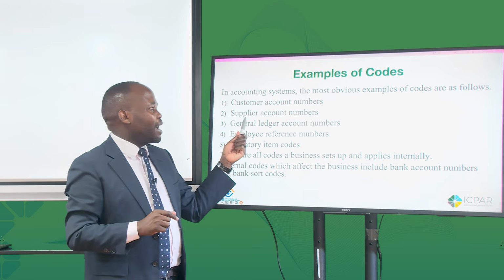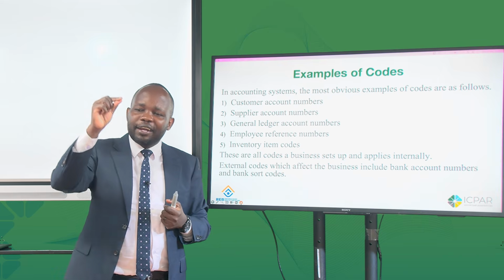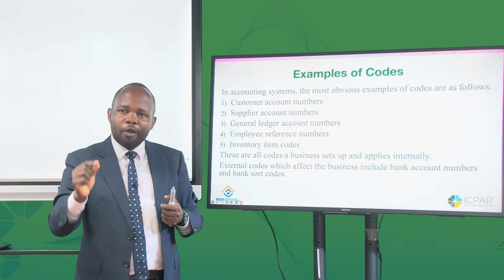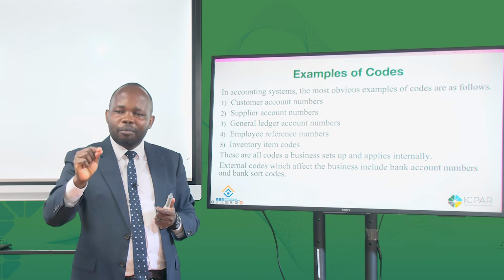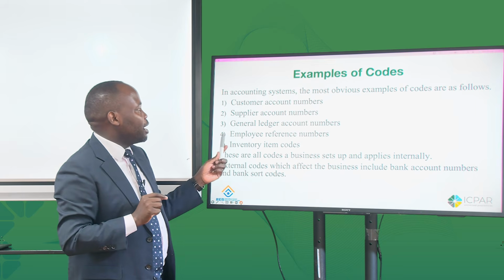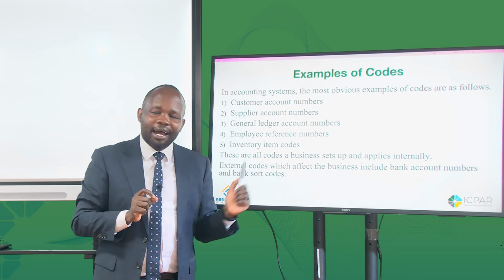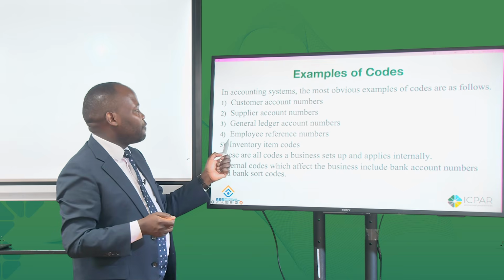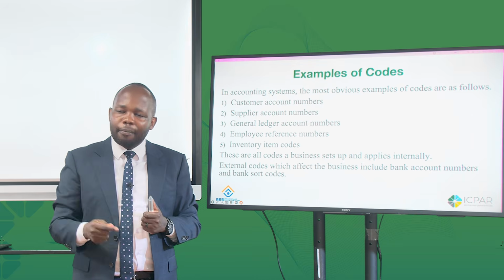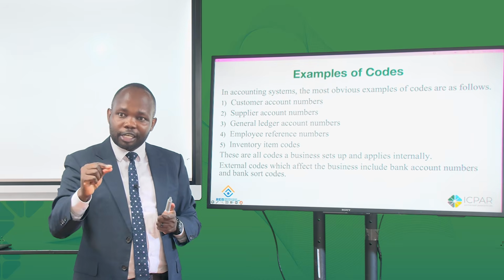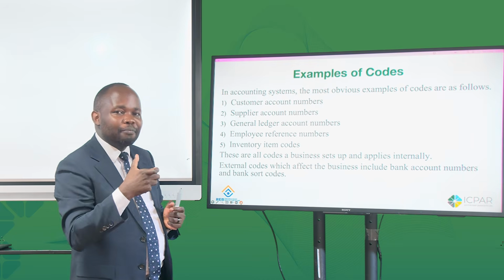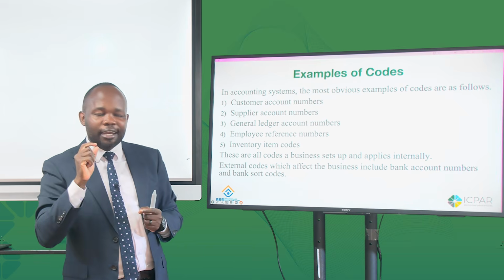Number two, supplier account numbers. The different list of suppliers we have, we should differentiate them with different codes. Number three, general ledger account numbers. Number four, employee reference number.